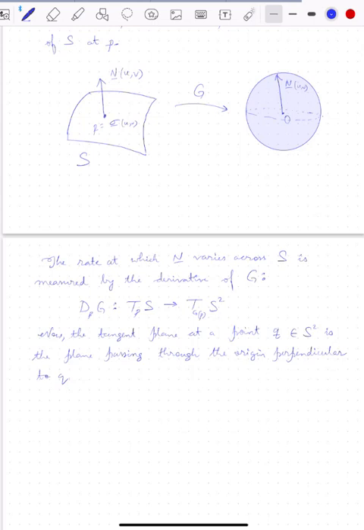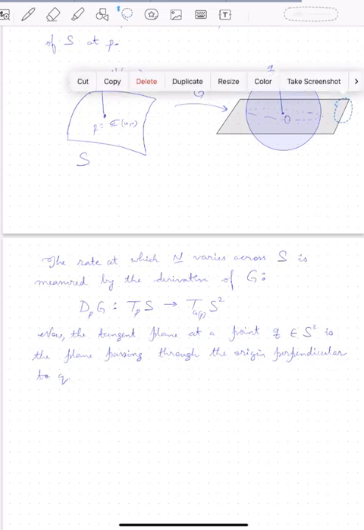So given that, say this is a point Q vector on the surface of this sphere, then we will have what we are talking about. So this is what it will be.